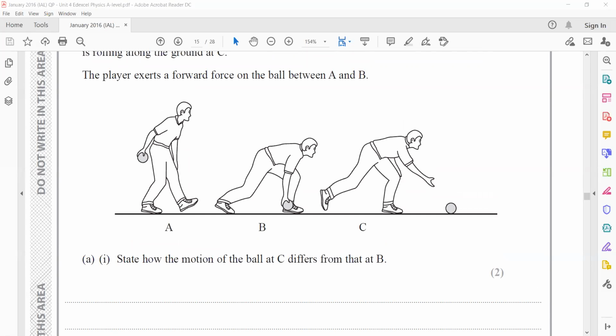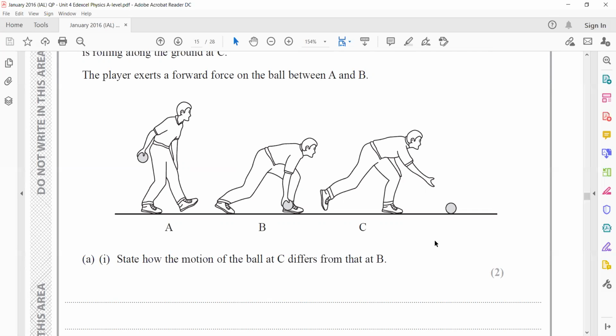Yes, it's a general answer. There's nothing specific, it's your understanding from the figure that you can mention. So there will be some deceleration at C because of friction. That's correct. And what about B? At B, it is accelerating.